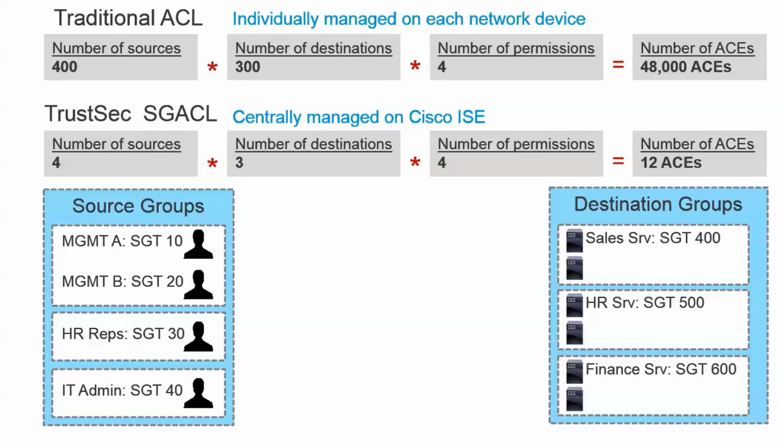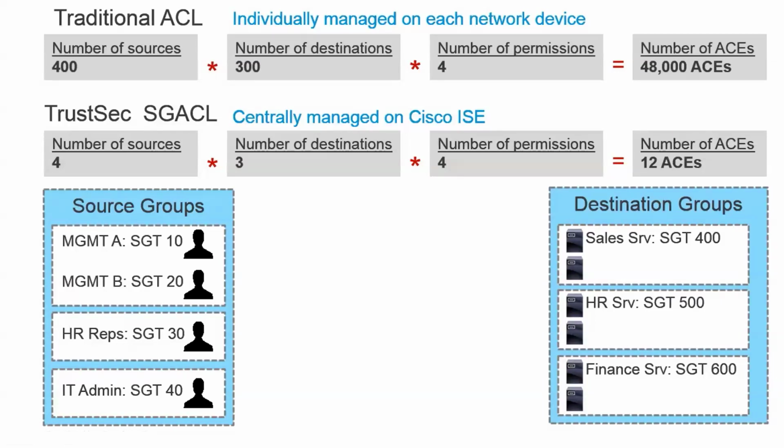And now you can reduce the burden with TrustSec. You can see the number with TrustSec: you are managing just 12. So with traditional ACLs you have to manage 48,000, while with TrustSec SGACL you are managing just 12.